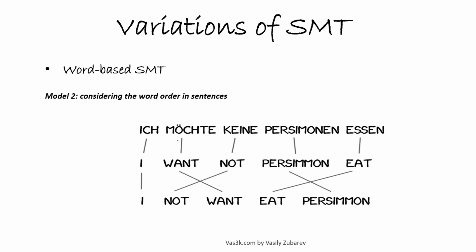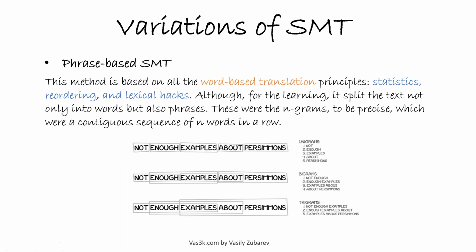So this is again a similar way where we are matching the words with the parallel corpus, and we have introduced word order in a sentence, and then we map them to the target sentence, right? So later phrase-based SMT came into the picture, which really made a lot of improvement in this area.